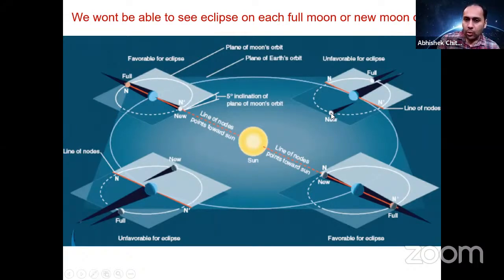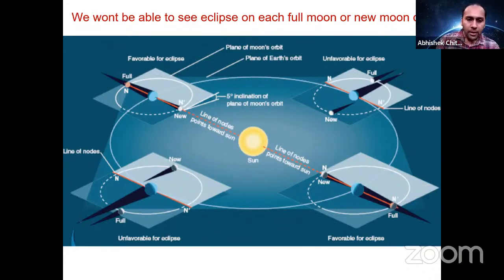So here you can see the new moon day is over here, and since the orbit of the moon is tilted, the shadow of the moon is not exactly falling on earth, it is a little bit below the earth. And in this case, even though this is new moon day, the shadow is not exactly falling on earth, it is falling a little bit above.